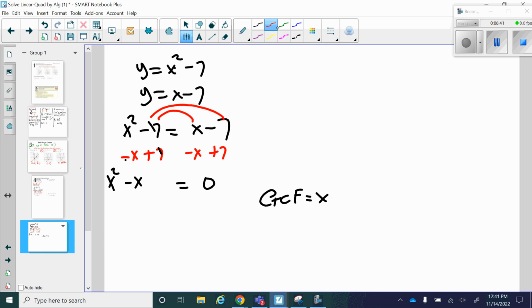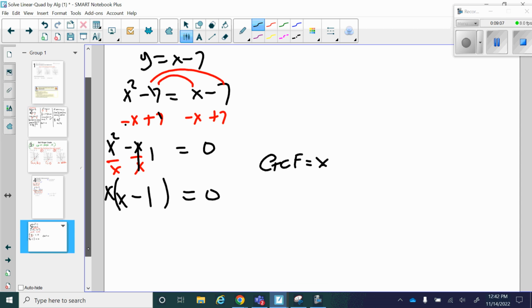So I'm going to divide each term by x. x squared divided by x is x, and x divided by x is 1. This gives me 1 right here, and an x. And so that's one factor. The other factor is my GCF, which is x. And that is equal to 0.